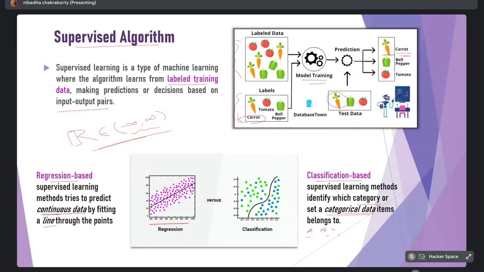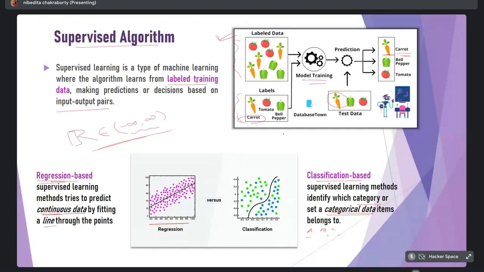Now tell me, this example over here, what type of supervised algorithm is it? Is it regression based? It's classification based. I heard one person saying classification.